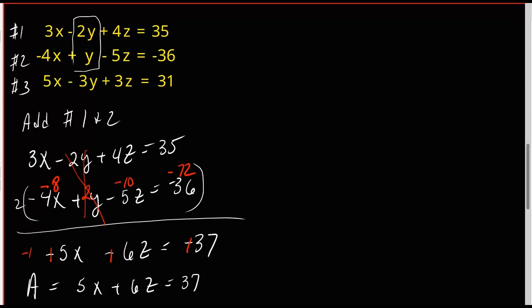Now let's add equations 2 and 3 together, because we need to get rid of the y in the second equation also. So I'm going to add numbers 2 and 3. Equation 2 is minus 4x plus y minus 5z equals negative 36.